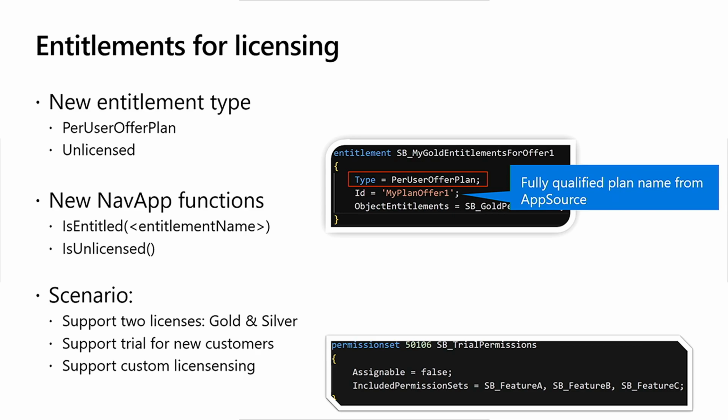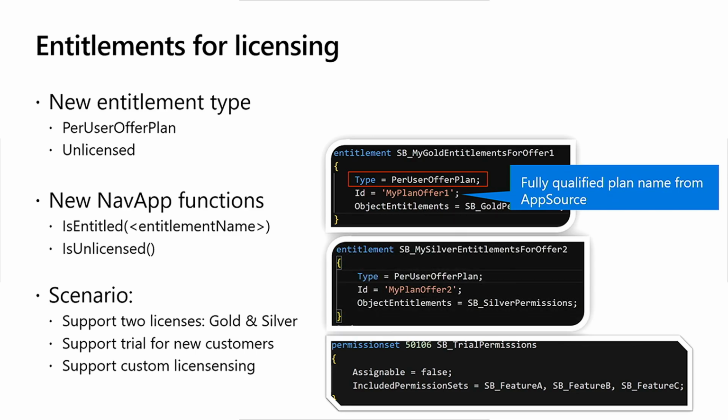You have an offer in AppSource, and you have a plan that actually defines this kind of license. Then you define the ID as being the fully qualified name of that plan in AppSource. And then I map it to some permissions. You can't really see it here, but the last line there, object entitlements, is the permission set that I defined previously, the maximum permissions for my gold scenario.